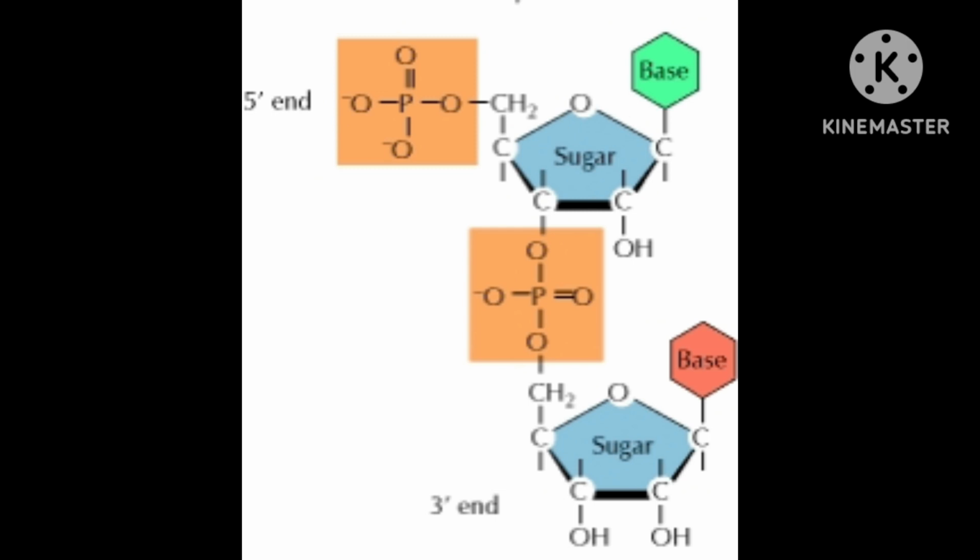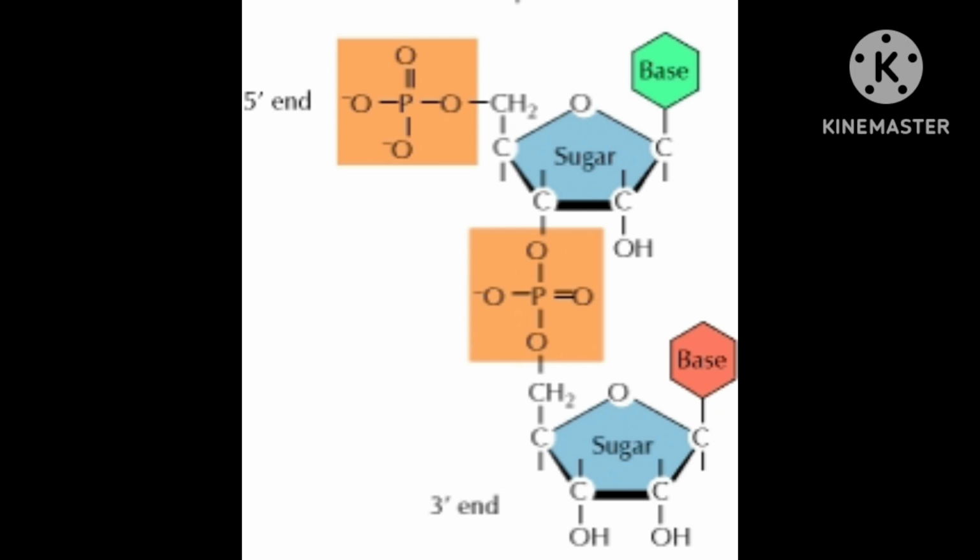You remember, that is very, very meaningful. Information regarding the sequence of nucleotides in the chain of nucleic acid is called its primary structure. Remember, information regarding the sequence of nucleotides in the chain of nucleic acid is called its primary structure.